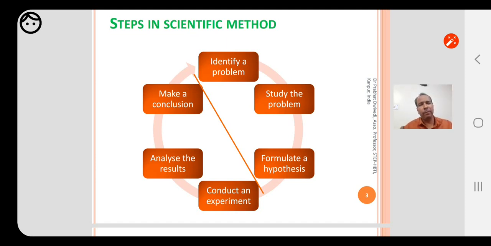And then once we formulate the hypothesis, we conduct experimentation or test of that hypothesis. Then finally, after the test, we analyze the results, and further we make a conclusion on the basis of those results. So this is how the scientific method of hypothesis formulation and testing goes.